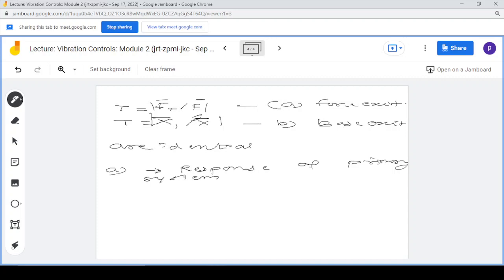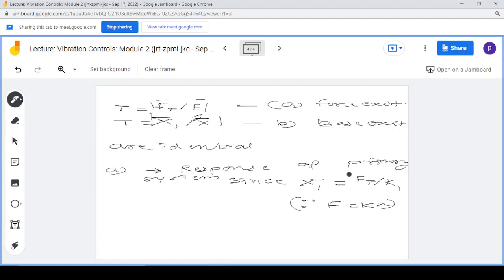Since we know that x1 bar is equal to Ft by k, we can write it here as Ft by k1. So what is this x1? x1 is the displacement of mass 1, and we can write it as Ft by k1, because we know that force is equal to k into x.